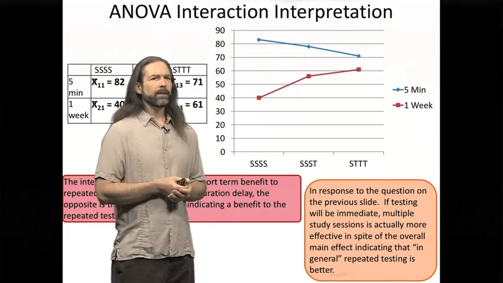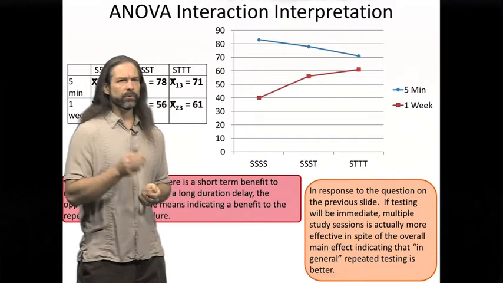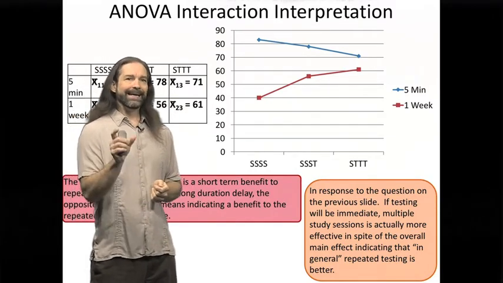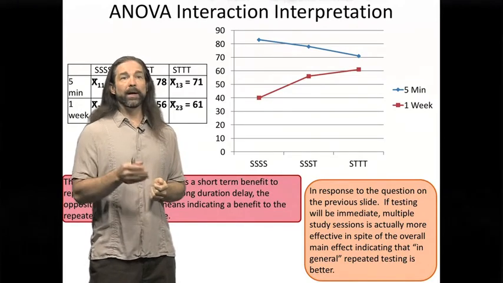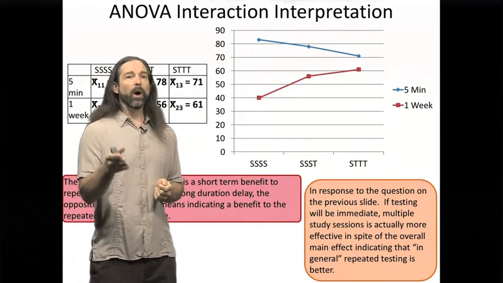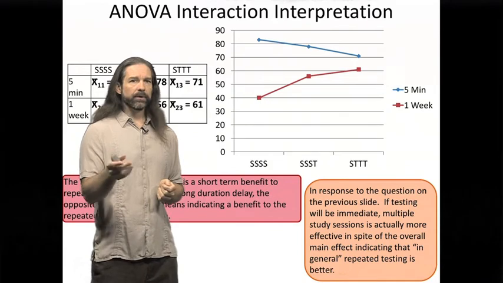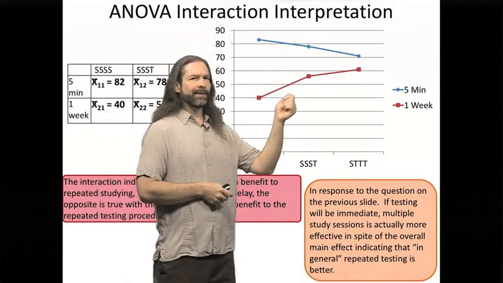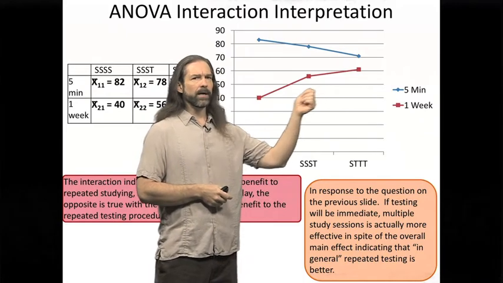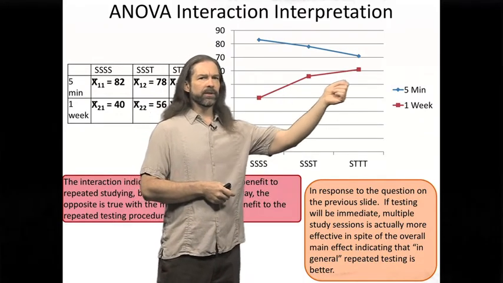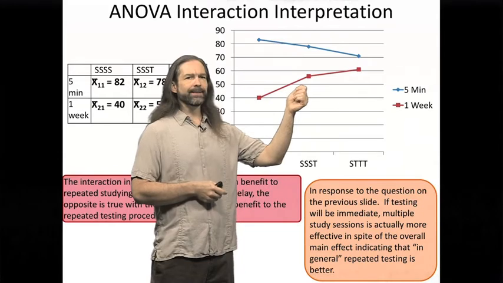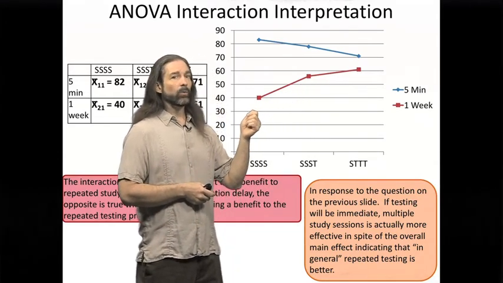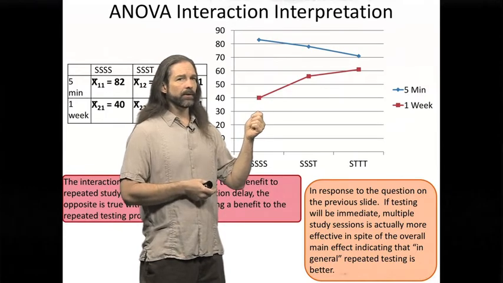What about the test encoding, using self-examination to help? The main effect indicated that at least one test phase was beneficial to your final performance. If we look at the 1-week condition, that main effect holds up, because in both of the conditions where there was at least one testing phase, their performance is higher than when they just studied the material.